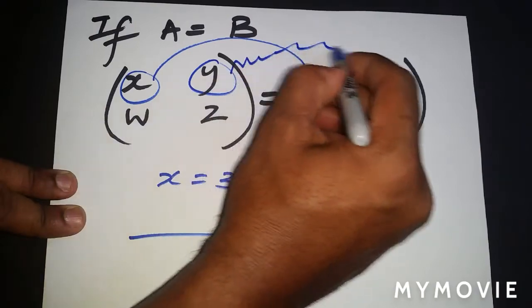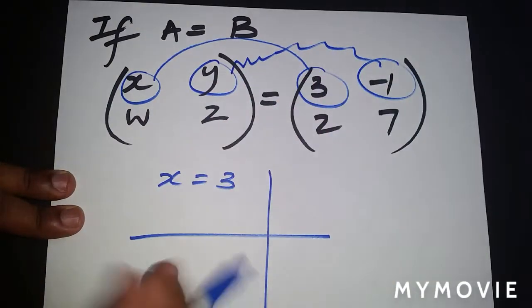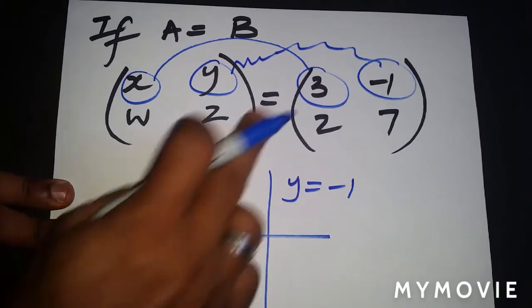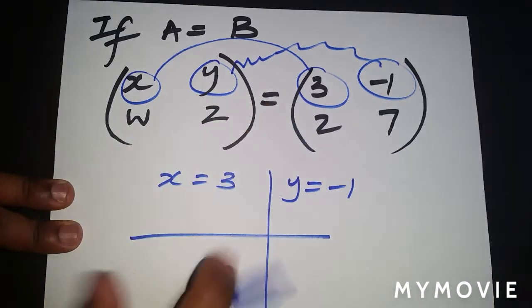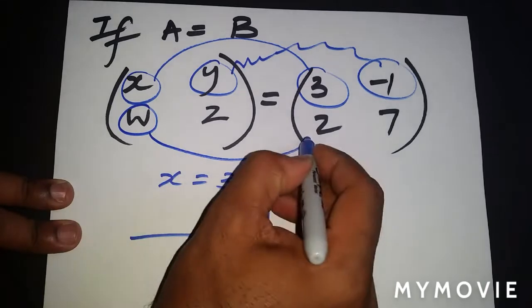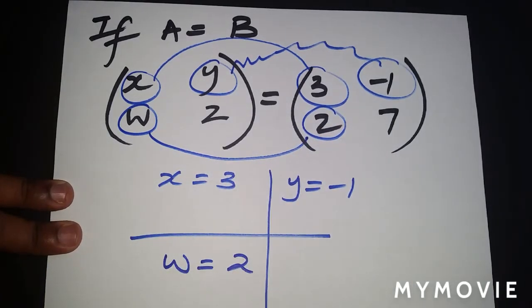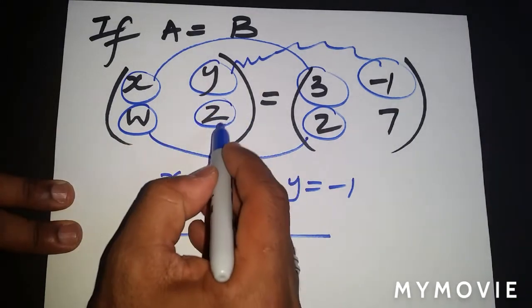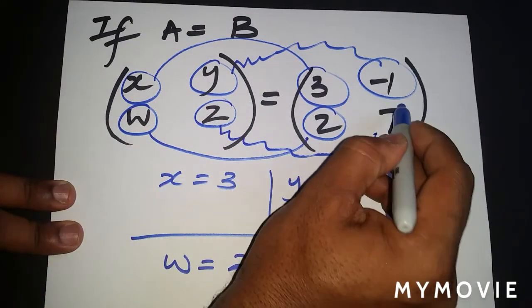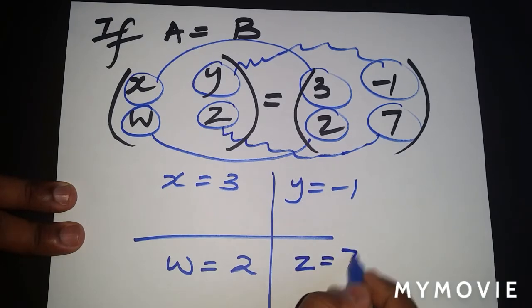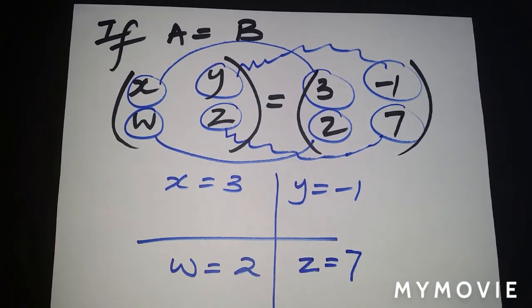Y corresponds with negative 1, so the value of Y is actually negative 1 in order for the matrices to be equal to each other. W corresponds with 2, so the value of W is 2. And Z corresponds with 7, so the value of Z is actually 7. So it's as straightforward as that.